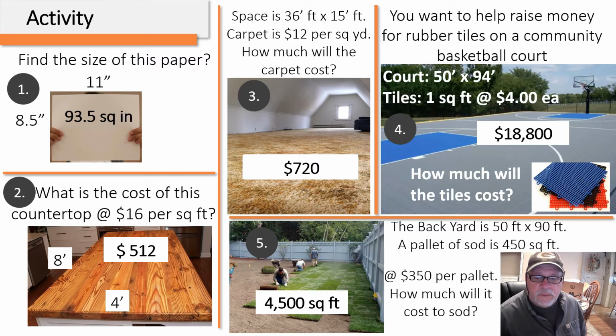The sod's sold by the pallet at $350 per pallet. So the first thing we got to do now is find out how many pallets we need. Well, you got 4,500 total, and you got 450 square feet per pallet. So divide that, 4,500 divided by 450. That's 10 pallets. Each pallet's $350, so it'll be 10 pallets times $350. That's $3,500. That's how much it costs to sod.